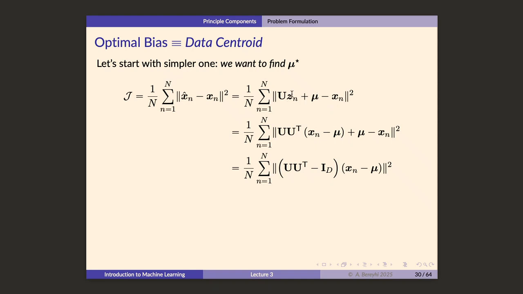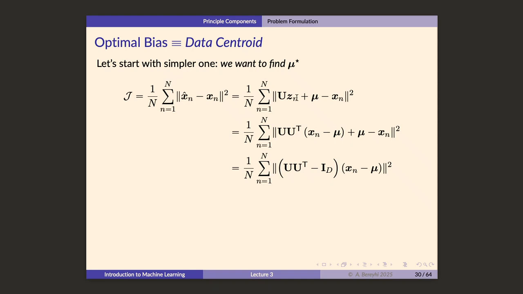Clear? Now, how do I compute Zn? I can again write it in terms of U, mu and X. Zn is U transpose times X minus mu, correct?